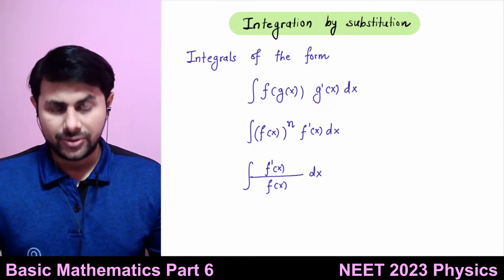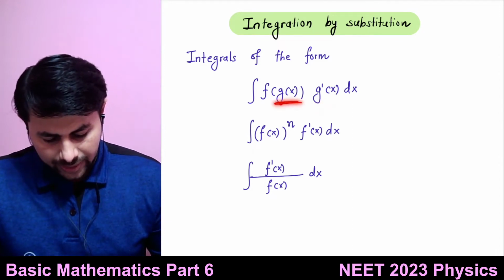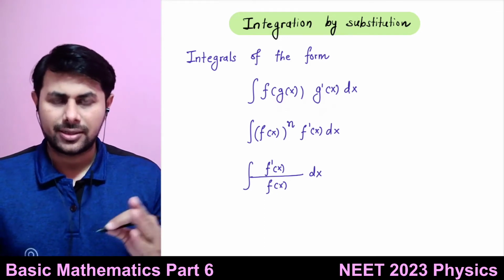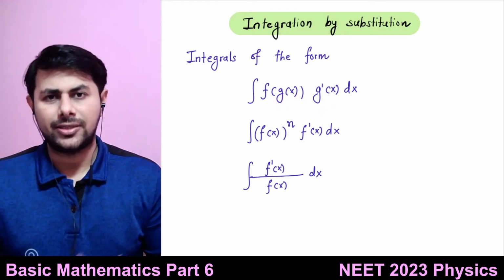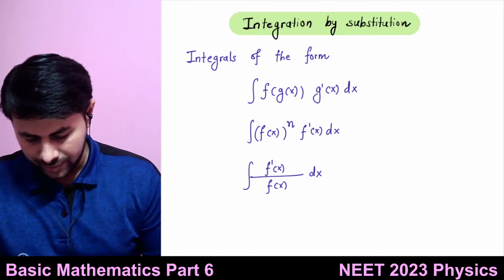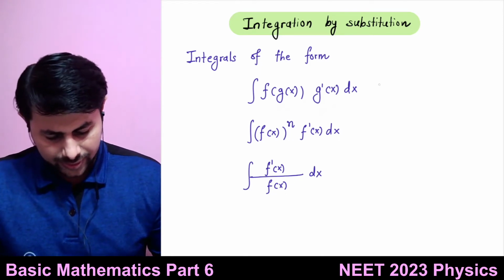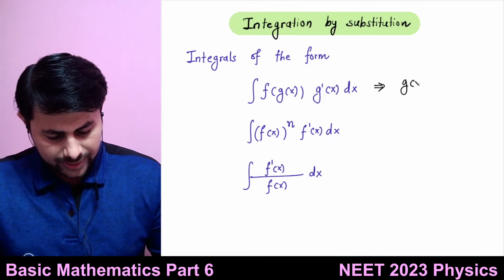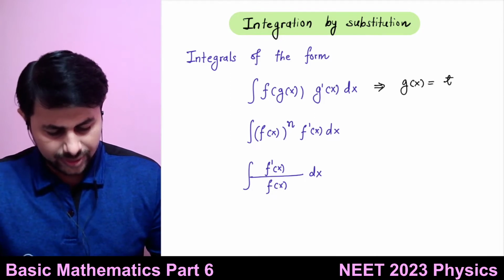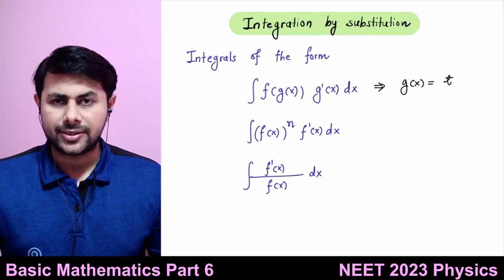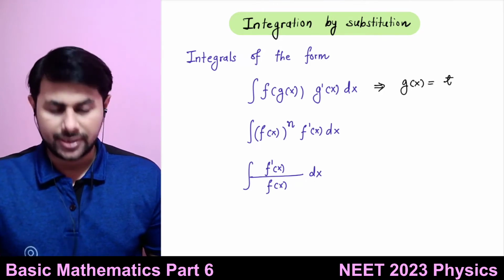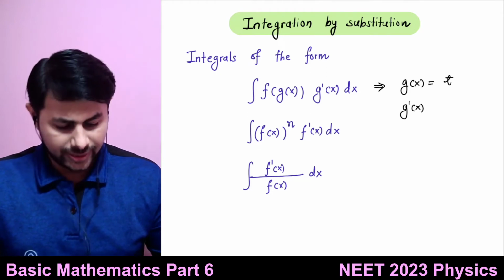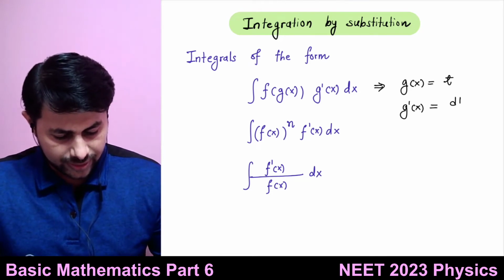Then what I will do is, in place of g of x, I will put t. So suppose g of x is equal to t. So the substitution here will be g of x equals t, and then if you take its derivative, the derivative can be represented as g prime x equals dt by dx.